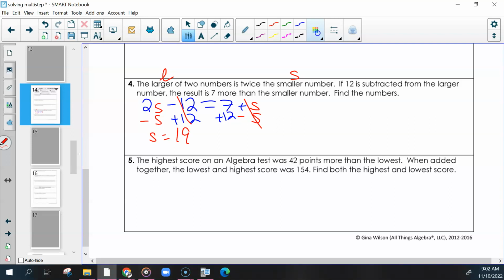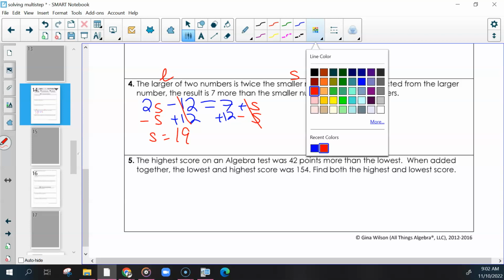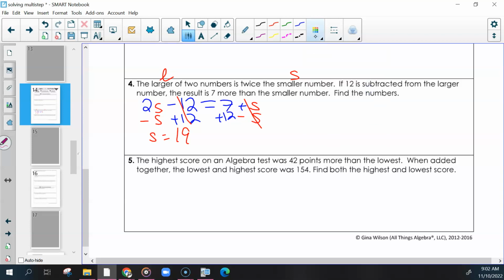So it gave us what our s is, our smaller number. Now we just have to find our larger number. You could do this or this. Doesn't matter.